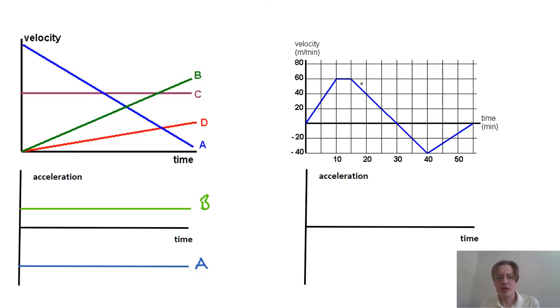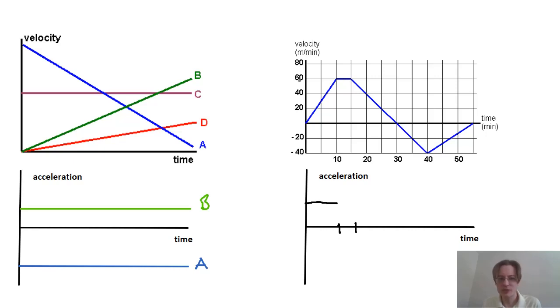On the right-hand side here, we have a situation of non-constant acceleration. From 0 to 10, there's some positive acceleration. Then from 10 to 15, the velocity is constant. It's not that the velocity is 0.